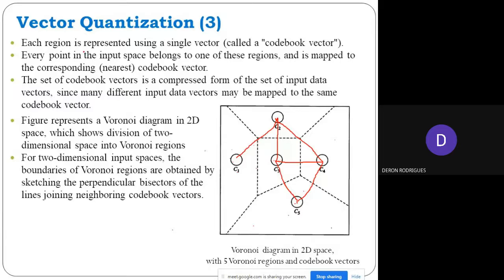So like this, I am going to draw these lines which are joining the centroids, and then the other dashed lines, whatever you can see, are all perpendicular bisectors. So you can see here, this is the perpendicular bisector between this and this. Similarly, all the others will be perpendicular bisectors, and by joining the perpendicular bisectors, you get these regions.